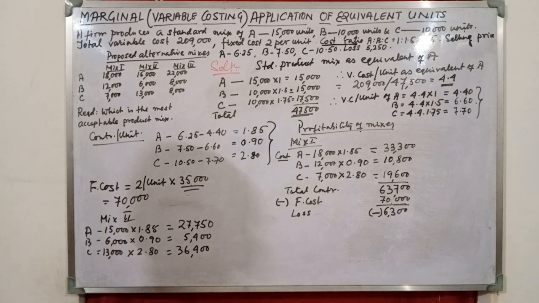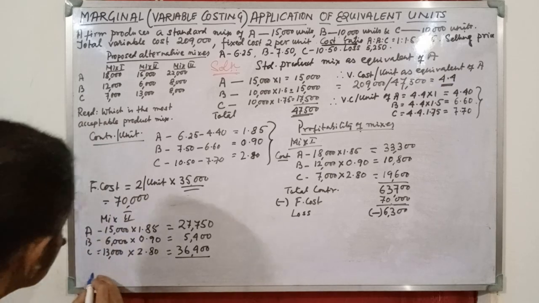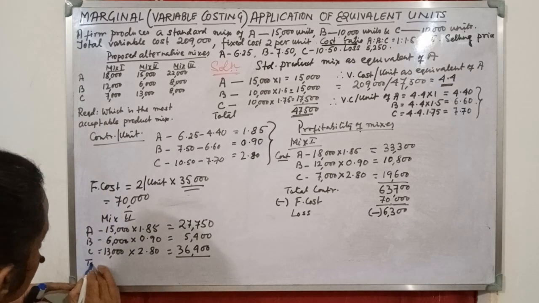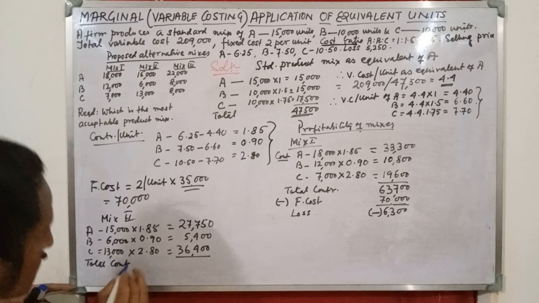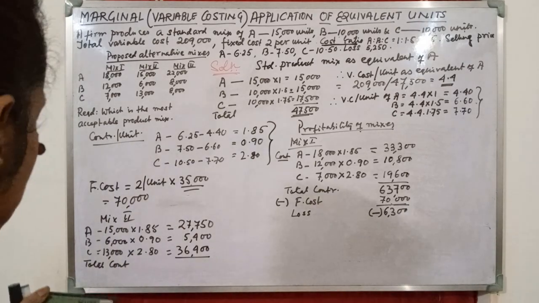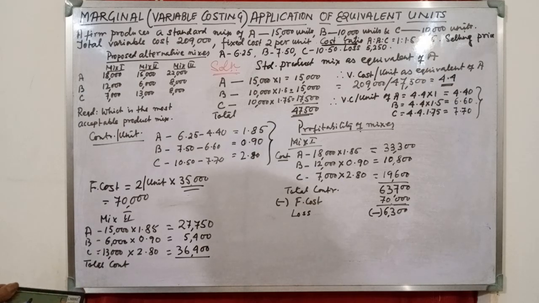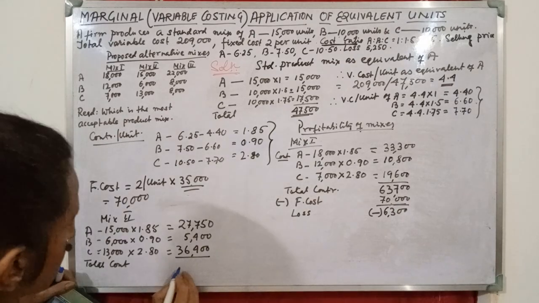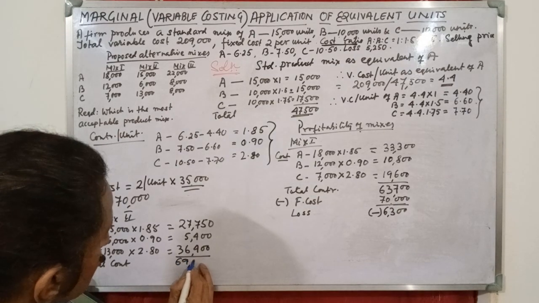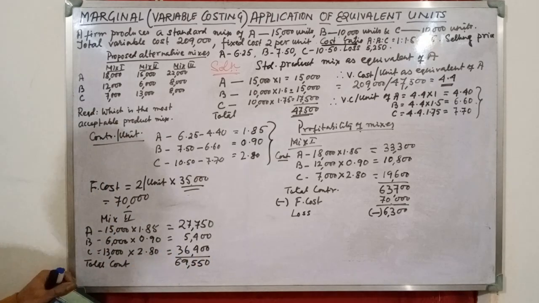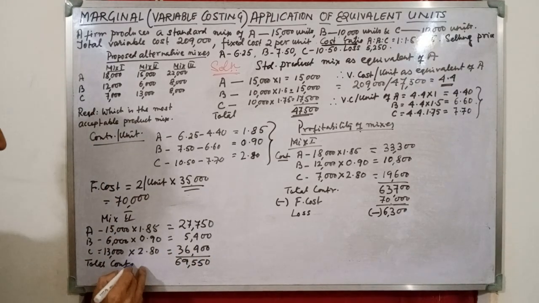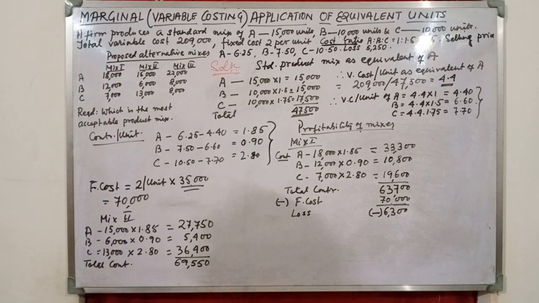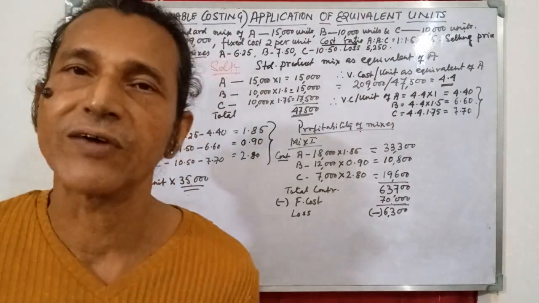So total contribution is 36,400 plus 5,400 plus 27,750. So we get 69,550. So total contribution from the proposed product mix 2 is 69,550.